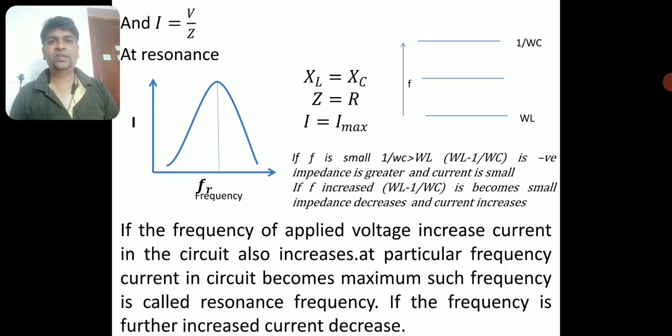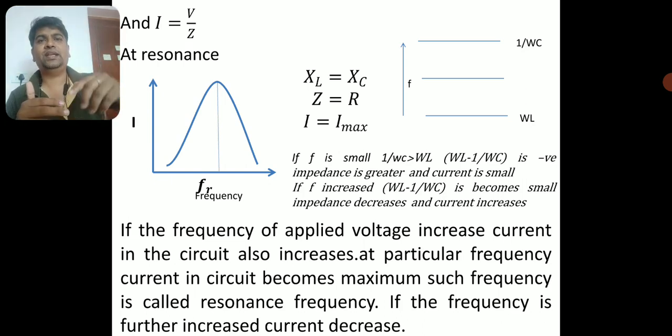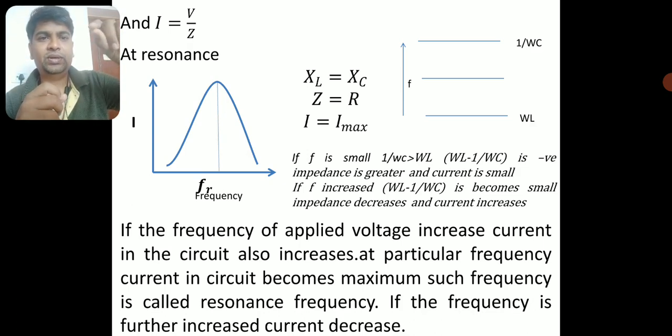It's because there is no contribution from inductive or capacitive reactance. Look at the graph of current versus frequency which I have drawn for a series LCR circuit. If you increase the frequency of the applied voltage with the function generator, current increases. That was shown in the graph. At a particular frequency the current in the circuit becomes maximum, and that particular frequency is called the resonant frequency.